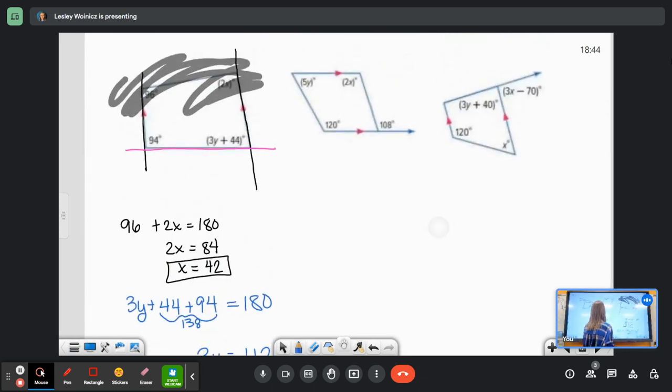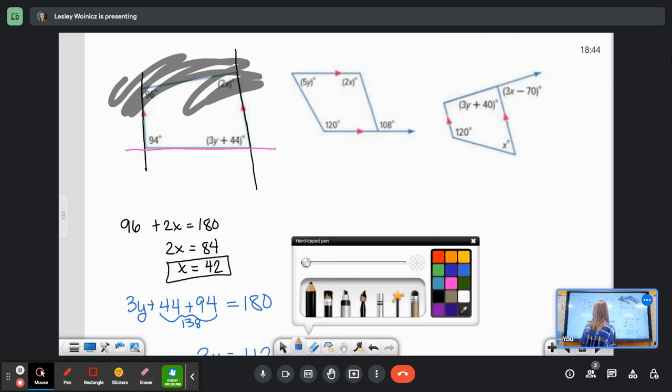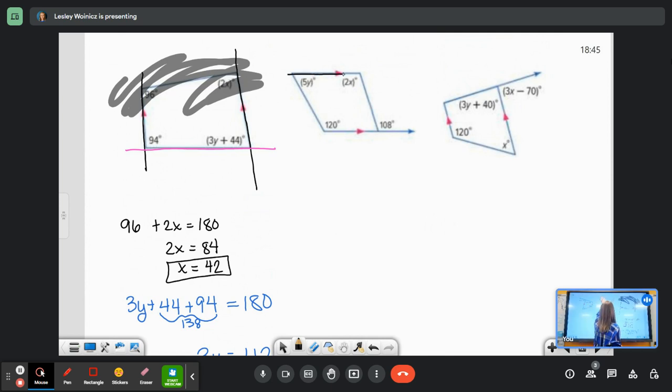All right, let's look at another one. So here are my parallel lines. I'm going to start with the one on the right. Here's the transversal I'm going to use, and I'm going to ignore this part of the problem over here. Don't scratch it out too dark. You'll need it in a minute.